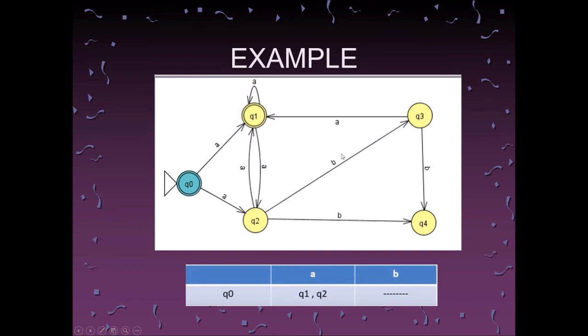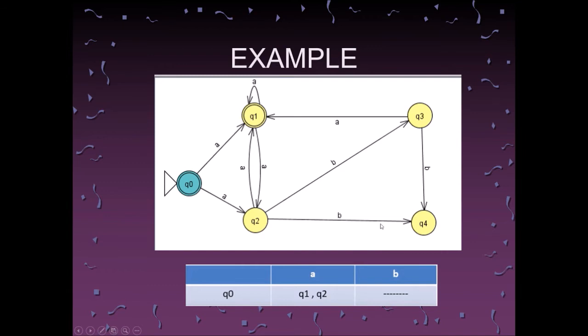The first step is creating a transition table like this, where we identify the states and the alphabet. Vertically, right here, we must write the states of the automaton, and horizontally the symbols of the alphabet, in this case A and B. Then we start.